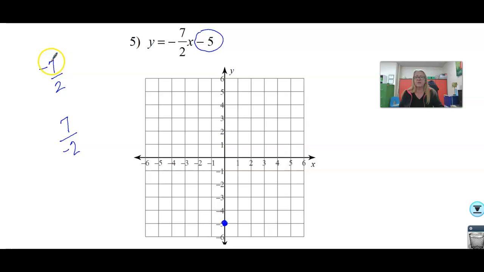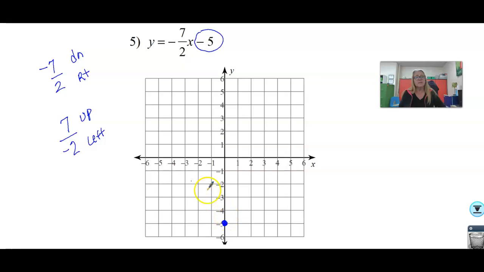Now, what are these directions? The top number is up or down, and negative means down. The bottom number is left or right, and positive means right. The top number is up or down, and positive means up. The bottom number is left or right, and negative means left. So from this point, I can't go down 7 and right 2. I would go off the graph.